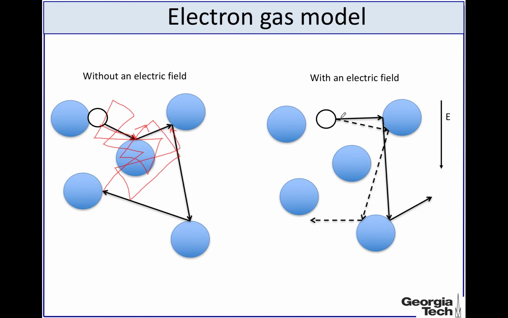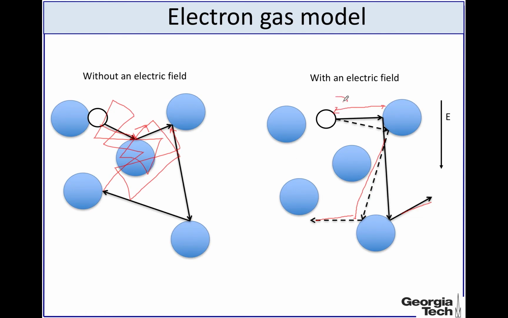On the other hand, when you have an electric field, this charge carrier still bumps into the different atoms and the defects, but as an effect of the electric field, it actually has a net displacement over time. The distance that an electron travels between two successive collisions with the atoms or the defects is called the free path.